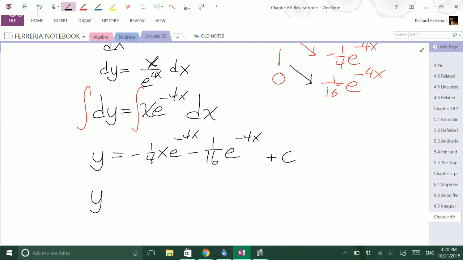I think I can factor out, let's factor out a negative to start off with. Least common multiple of the denominators is 16.